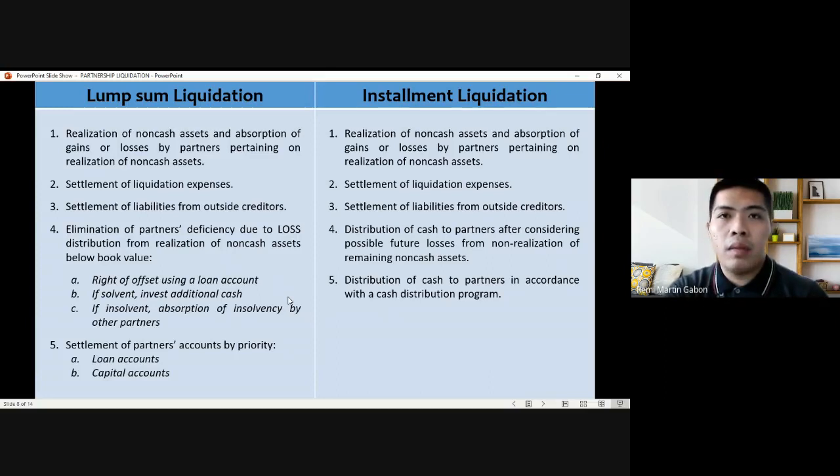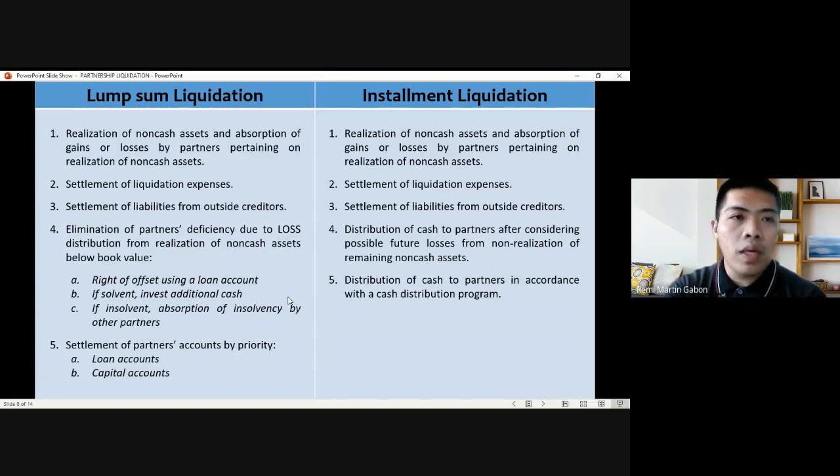Primary expenses that are paid in connection with liquidation. Next, after payment of liquidation expenses, you must settle the liabilities of outside creditors. So first, second, and third step, they are still the same.